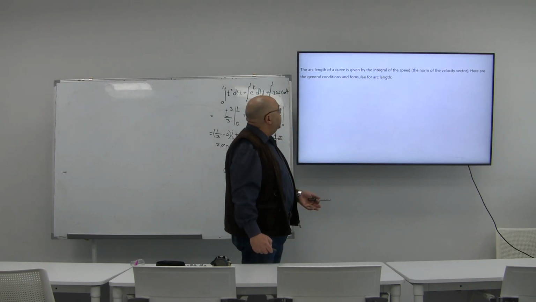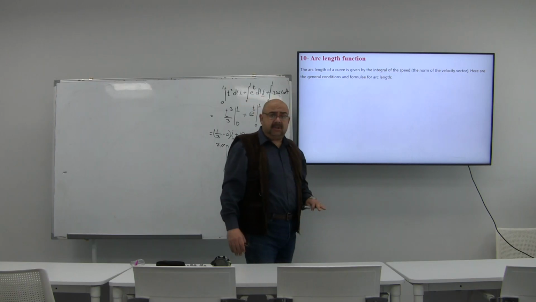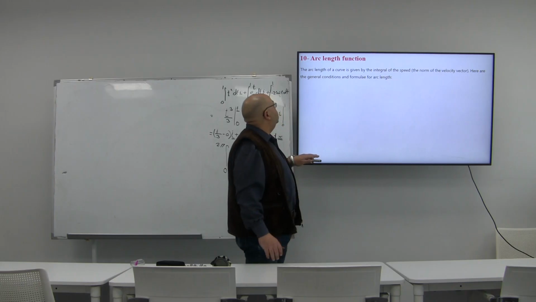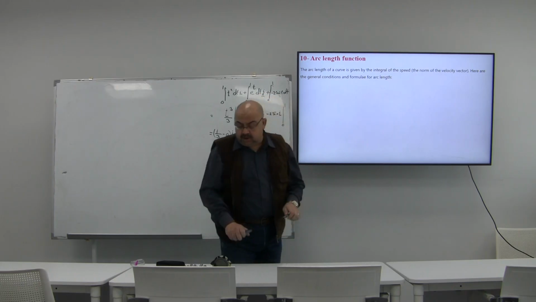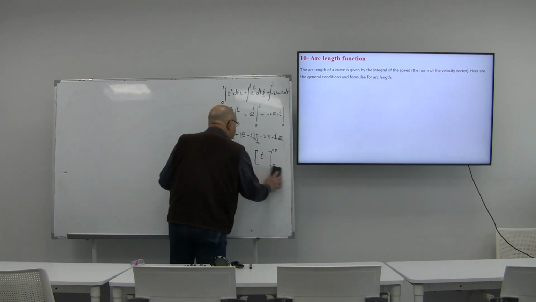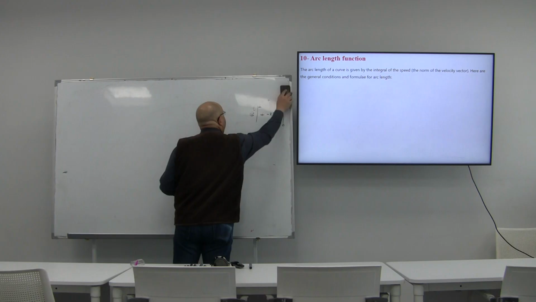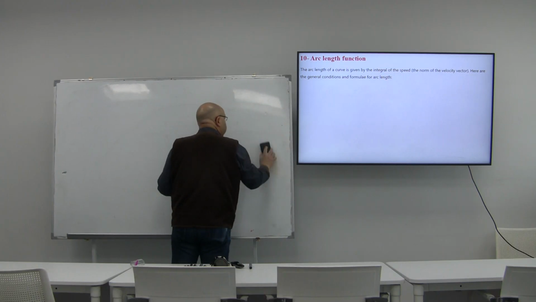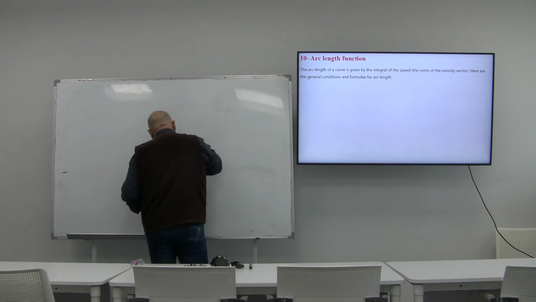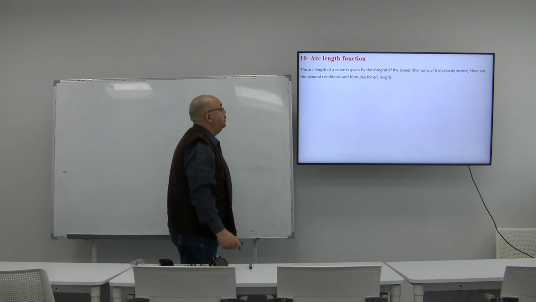Now, the arc length of a curve is given by integrating the speed. This is in depth the process that we can use in order to find the arc length function. That's an important topic to talk about, because we will need it down the road, either to get a parametrization of the speed vector or in parametric vector representation.